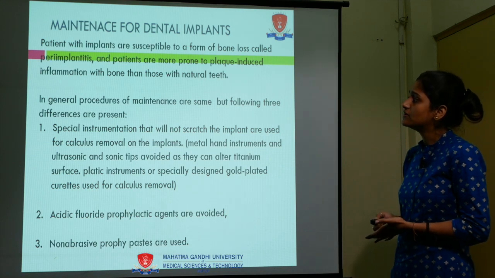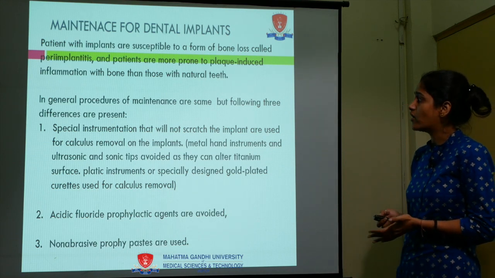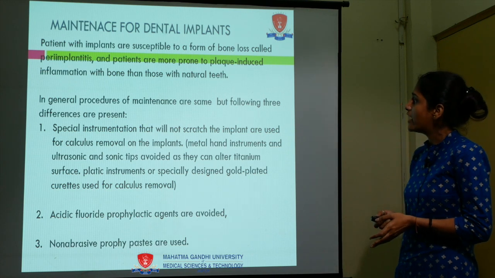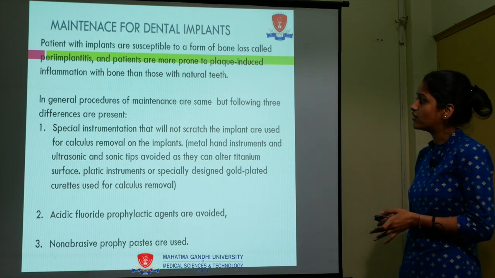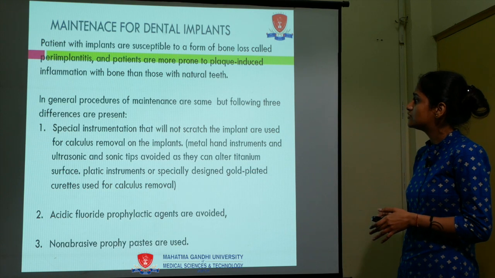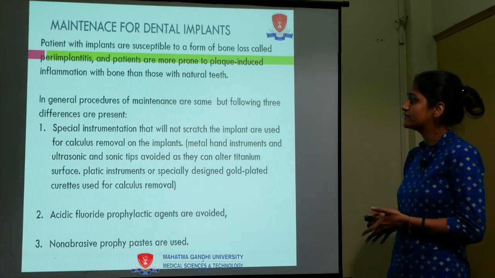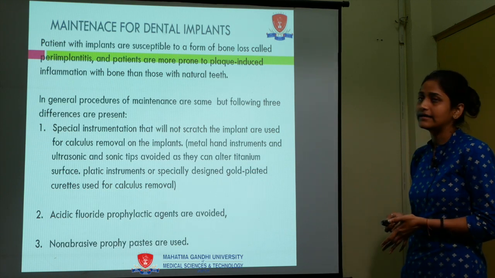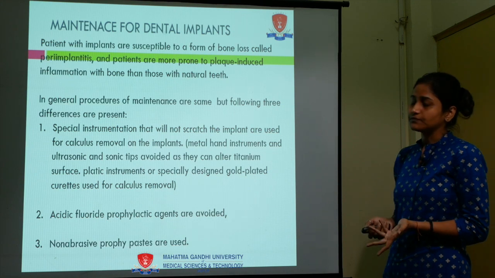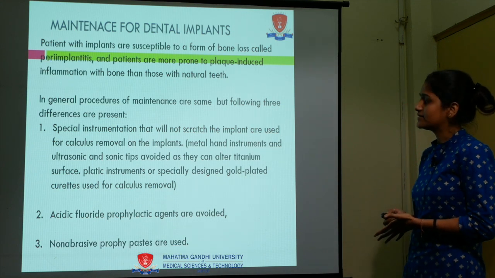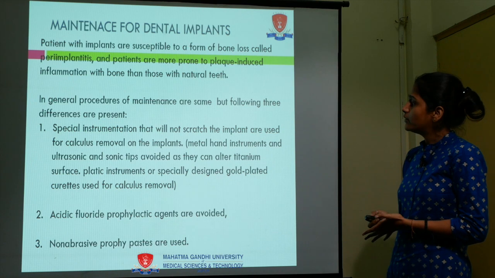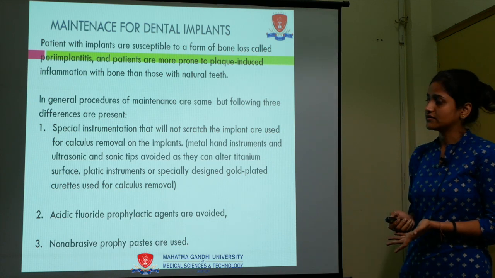First, special instrumentation that will not scratch the implant is used for calculus removal on the implant. Metal hand instruments, ultrasonic and sonic tips are avoided as they can alter the titanium surface. Plastic instruments or especially designed gold-plated curettes are used for calculus removal.